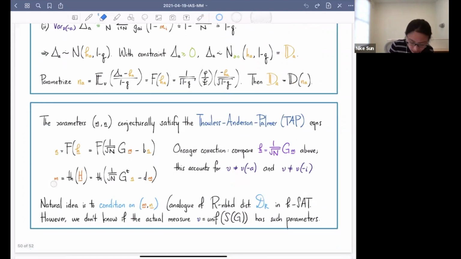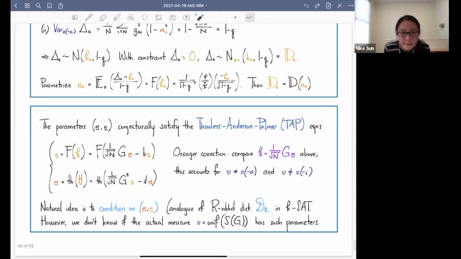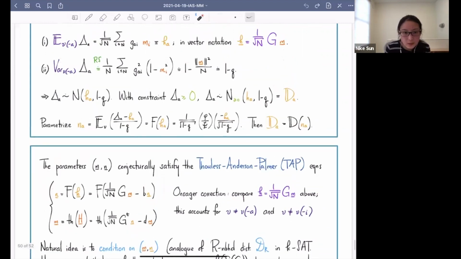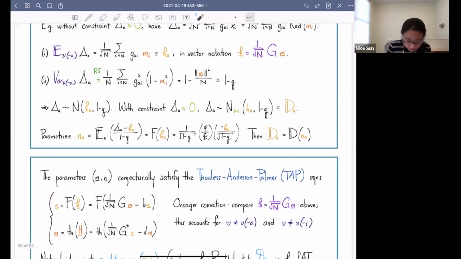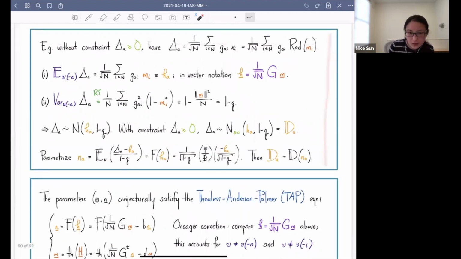So these are the equations. They're called the TAP equations because they were derived for a different model by these people. And in the context of the perceptron model, these are the exact equations. Just a minor comment: one of these equations is kind of in contradiction to one of the equations that I wrote up there. This is because up here, I cheated a little bit.